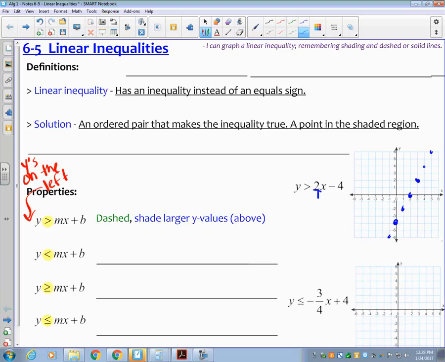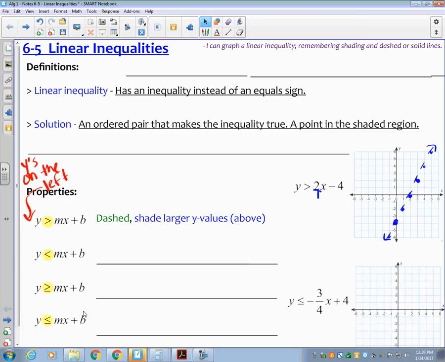Now we're going to make not a straight line like we have been doing before, but because we cannot equal this line, we're going to go dash. So everywhere there's a dot, I'm just going to put a dash. So this is a dashed line, goes there, and then I'm going to shade.